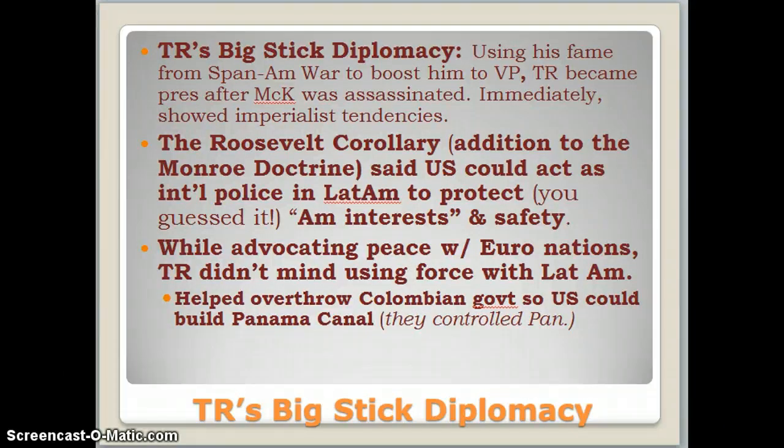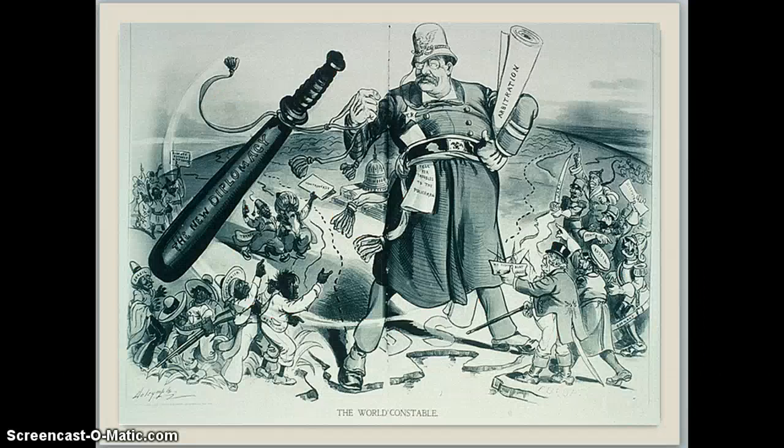So I want to talk about Teddy Roosevelt's Roosevelt Corollary, or as it's sometimes known, big stick diplomacy. It gets its name from Teddy Roosevelt's idea that his foreign policy consisted of the phrase, "Speak softly but carry a big stick." And here you see there's his big stick right there.